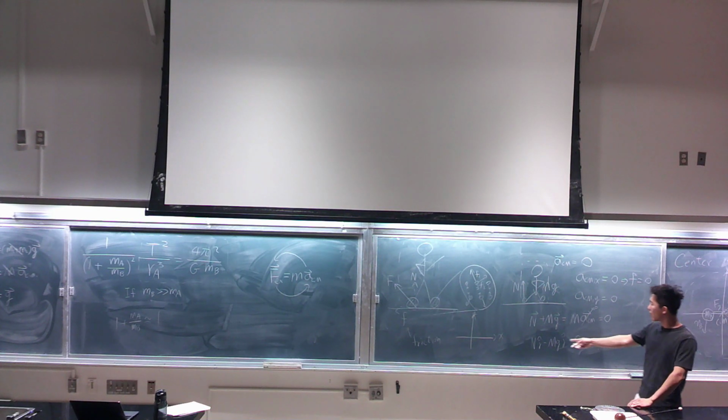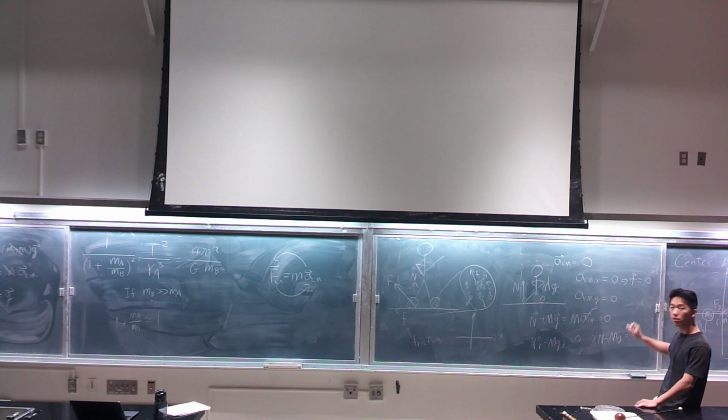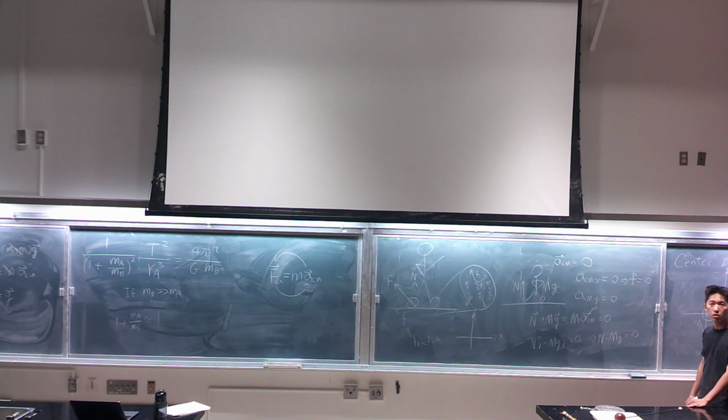Because they both have j, I can take it out and just say N minus mg is 0. If this factor is 0, then the component adding out should be 0, so N minus mg is 0. Okay?